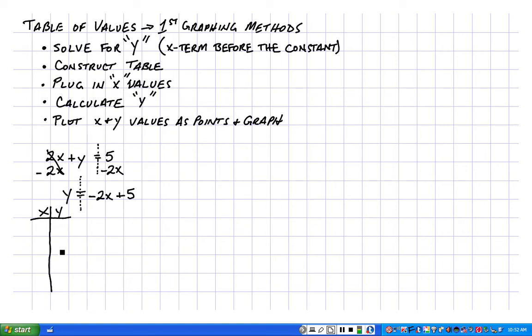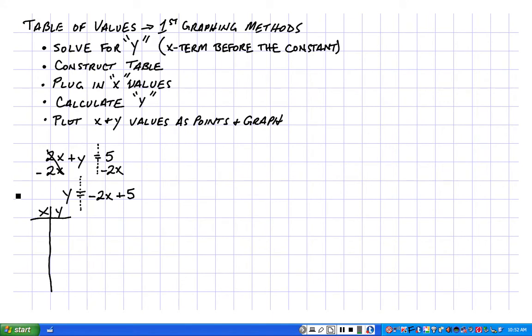But when we're actually creating our own table to use for graphing, as opposed to being given a table, we have the freedom to choose our x numbers, and typically we want at least 3 x values.